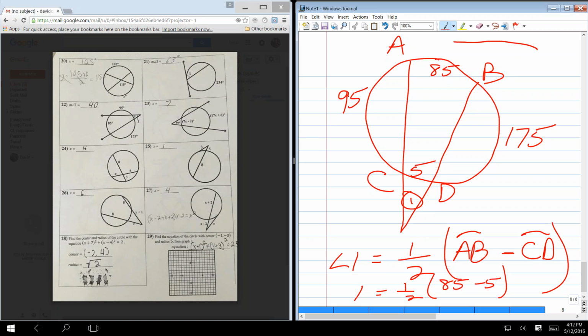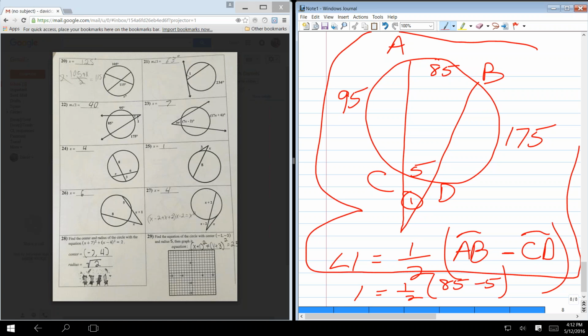But this picture and this general formula applies no matter whether they're secant lines or tangent lines. It's going to apply on question 27 exactly the same. Question 27 is a different question because now they're not talking about arc measurements.